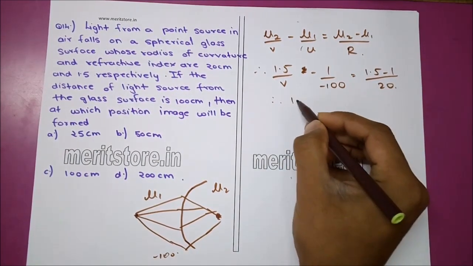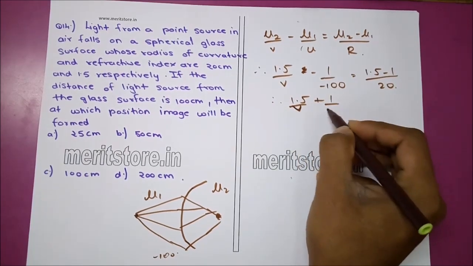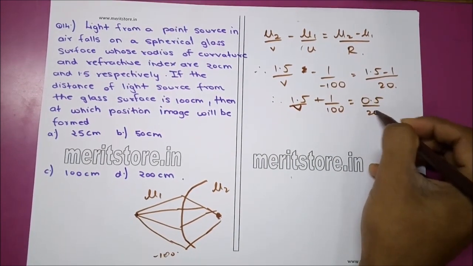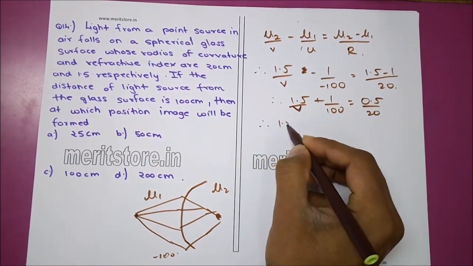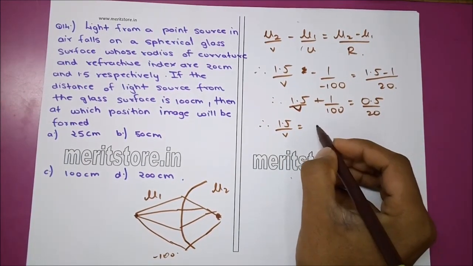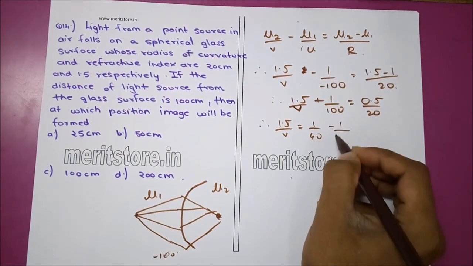So therefore 1.5 upon v plus 1 by 100 is equal to 0.5 upon 20. So 1.5 upon v is equal to 0.5 upon 20, which can be written as 1 by 40, and this goes as minus 100.